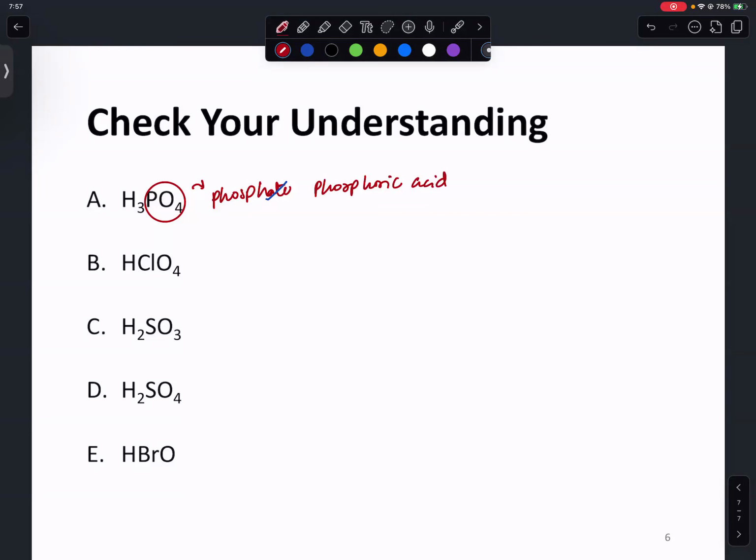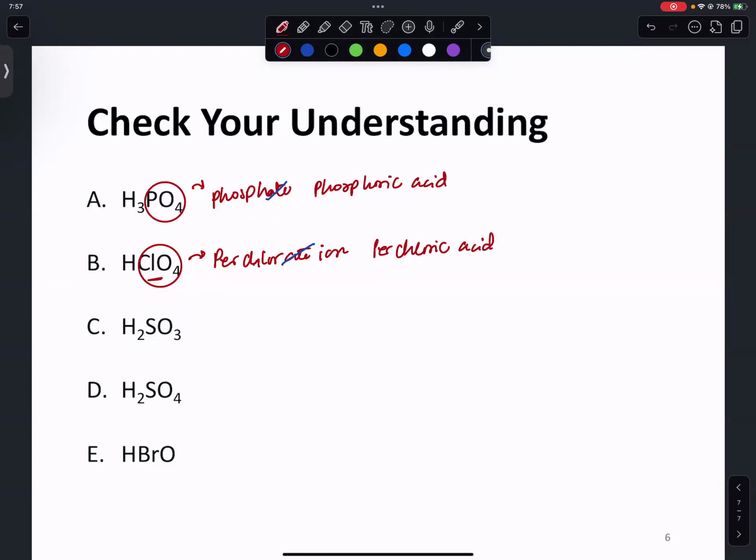Now the second example right here is ClO4. Do we remember what ClO4 is? Yes, it is the perchlorate ion. So we will drop the ate and do perchloric acid.